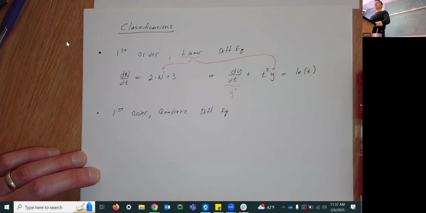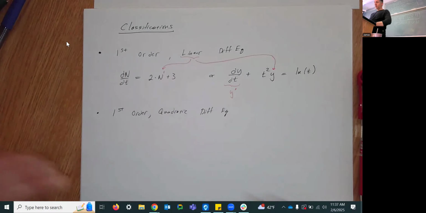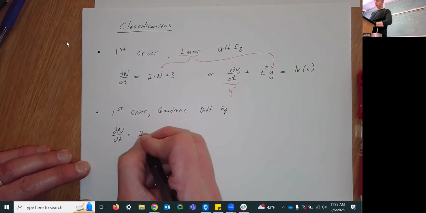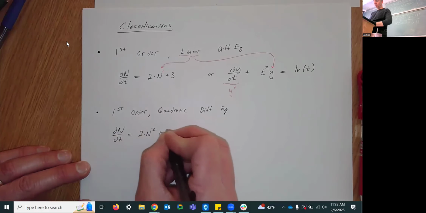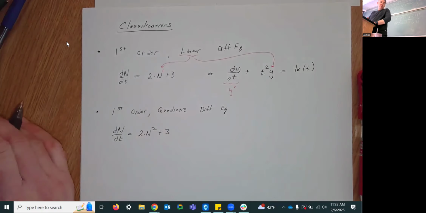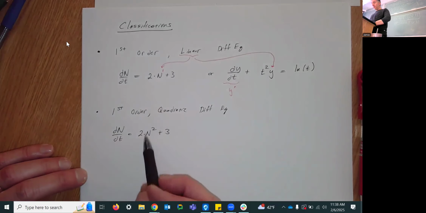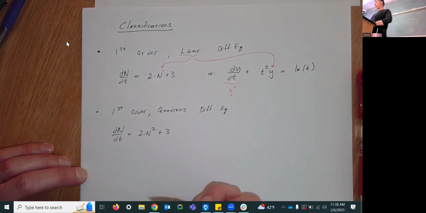Could you just change the power of n? Yep, exactly. So I can write it as dN/dt equal to 2 times N squared plus 3. It's still first order, but now the power of N is the second power, so it's a quadratic in that variable instead of being a linear thing.